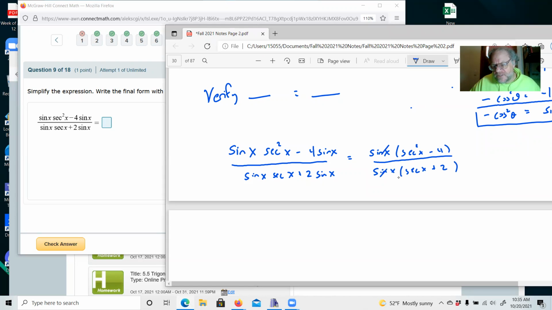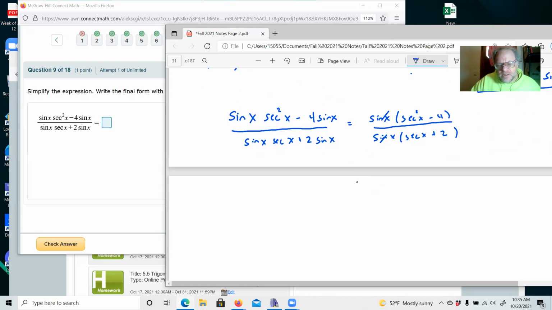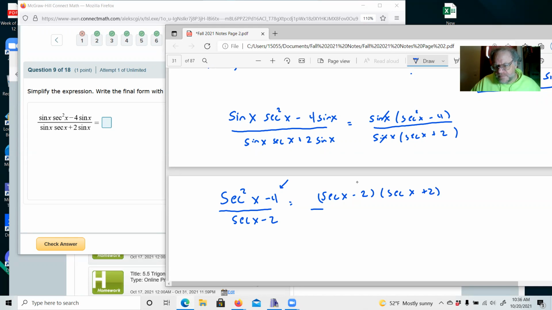The 2 sine x's, those will cancel. So we'll have our secant squared x minus 4 over secant x minus 2. This here, this is a difference of squares, isn't it? So this is going to be secant x minus 2, secant x plus 2, all over secant x minus 2.